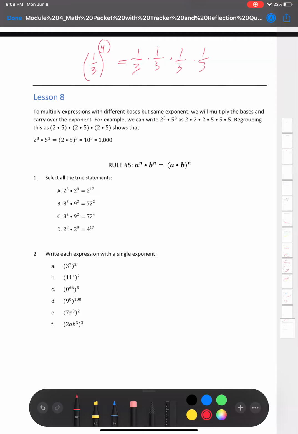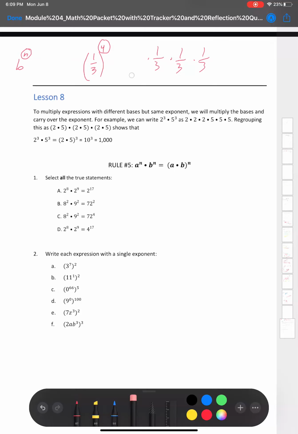That's based on our very basic property of exponents, where you have the base to the nth power, and that power, or exponent, tells us how many times we're going to multiply the base by itself.